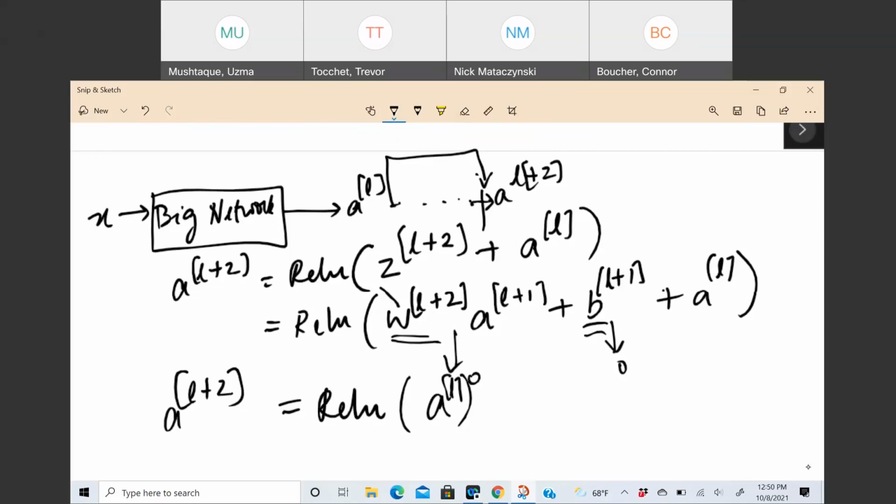Right, so I have these multiple paths. Just imagine what happens to the backpropagation. When my learning algorithm works, I have these multiple paths that my backpropagation would happen through. And I have both options, wherein I'm skipping as well as going through the entire network.